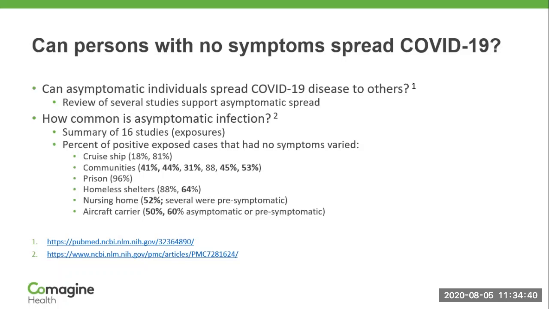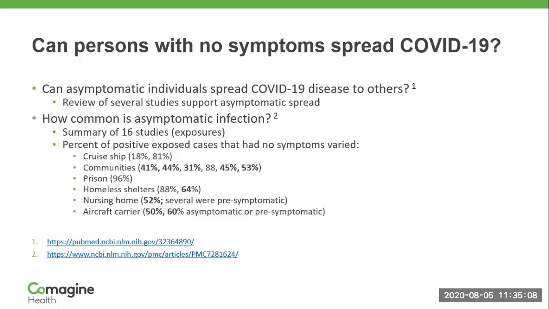And then the next question is, how common is asymptomatic infection? I've seen written 25 to 50% as an estimate of all people that are infected. What I have here is a summary of 16 studies, and these were all exposure studies. As you can see, there were a couple of cruise ships with known exposure and a defined population, and that's what these studies all are.